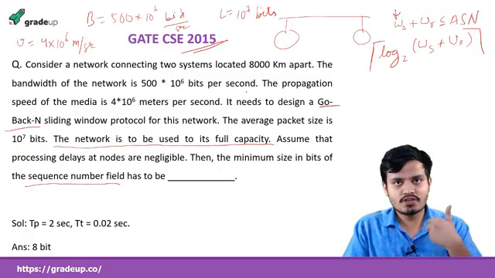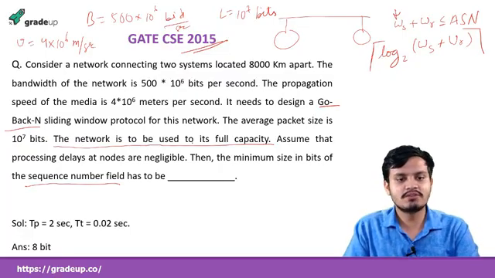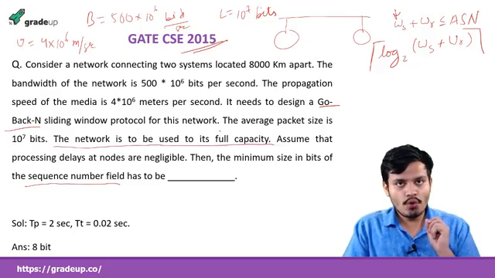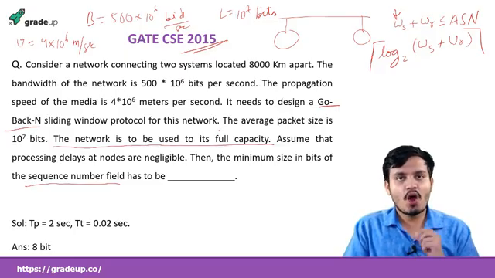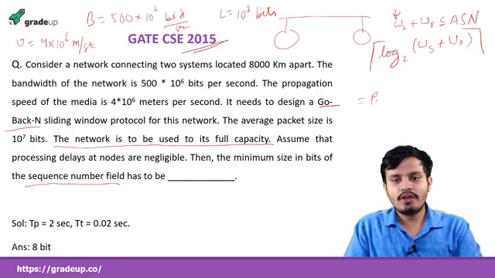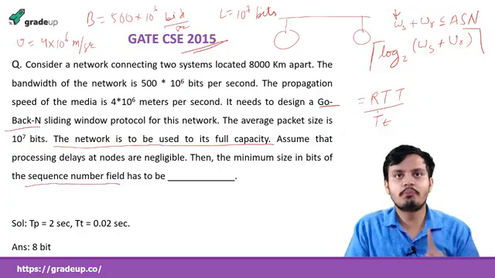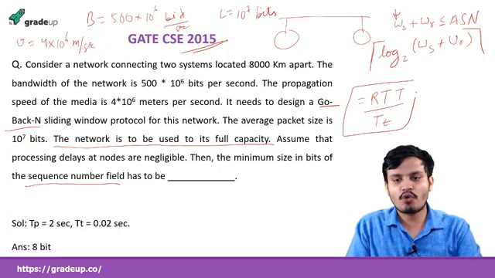When we stop sending, we get the acknowledgement, then we again start sending. That is what full capacity means here. To get how many packets we are sending, what is the sender window size, we need to find the RTT and divide it by the transmission time, because in one round trip time, we get how many packets we are sending from this formula.